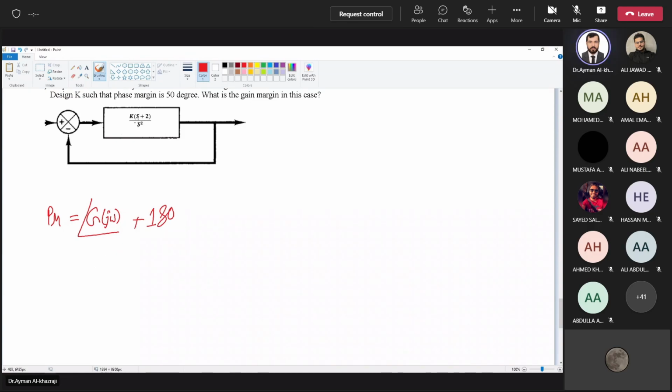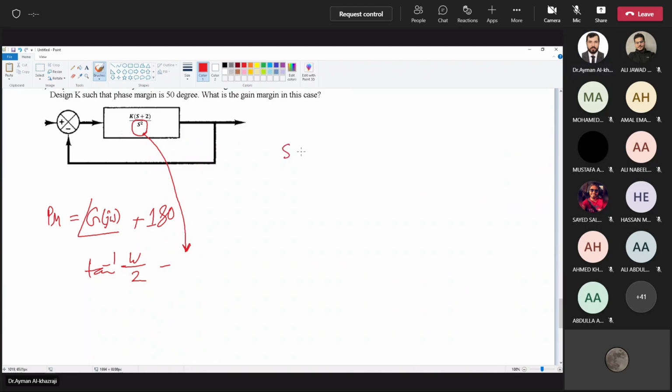Okay, what is the angle here? The angle is tan inverse of imaginary over real, minus, what is the angle in this one? I have two poles at the origin. Each pole is giving us how much?